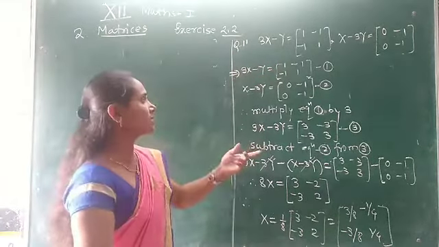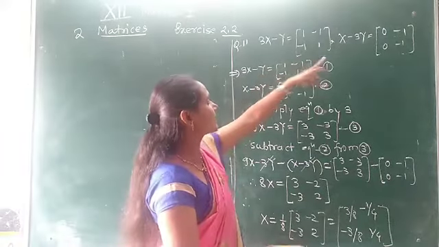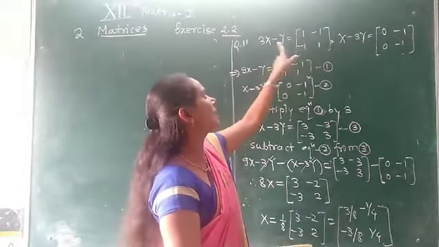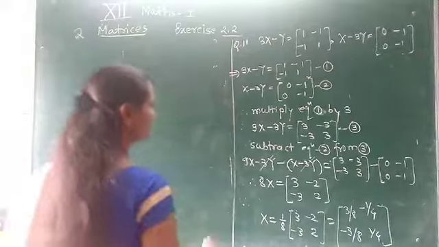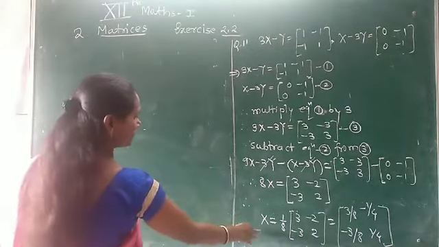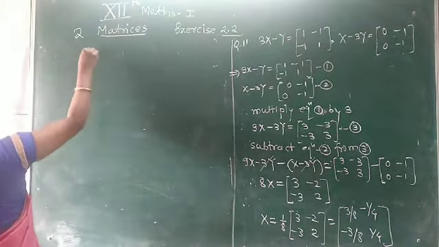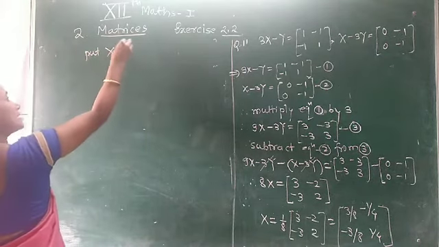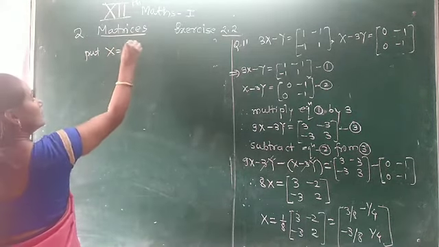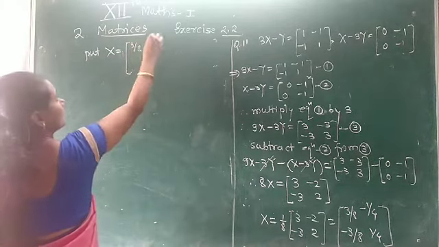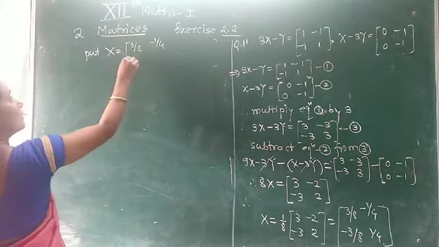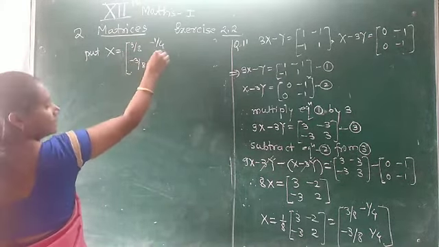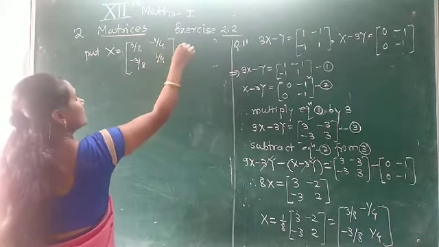And second method: we multiply the second equation by 3 and add the first and second. So any method you can follow. Here we put x is equal to 3 by 8 minus 1 by 4 minus 3 by 8 1 by 4 in equation 1.